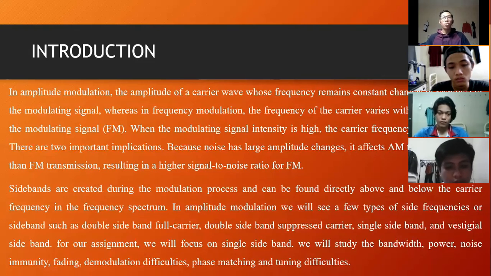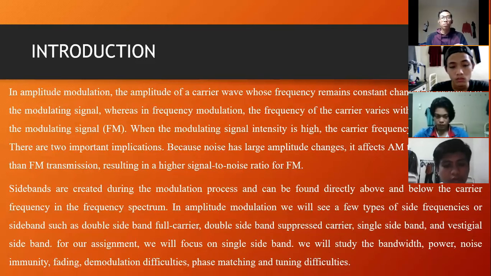Sidebands are created during the modulation process and can be found directly above and below the carrier frequency in the frequency spectrum. In amplitude modulation, we will see a few types of side frequency or sideband, such as double sideband full carrier, double sideband suppressed carrier, single sideband, and also the vestigial sideband.